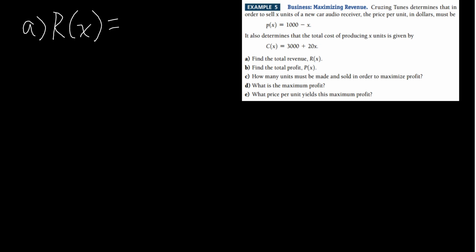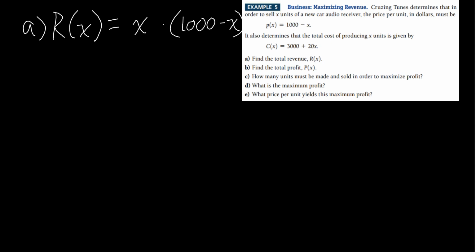If we just sell car audio receivers, then it's always going to be the amount of car audio receivers that we sell. Well, if x is the number of units, then we're going to sell x number of units, right? And we're going to multiply that by the price, which is 1,000 minus x. Okay, that makes sense, hopefully, right?